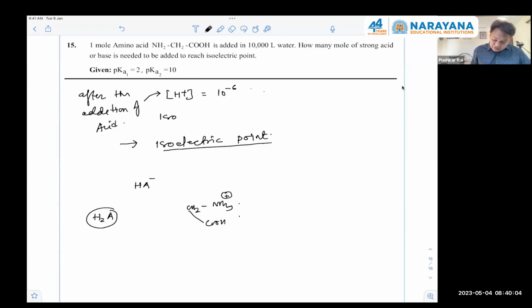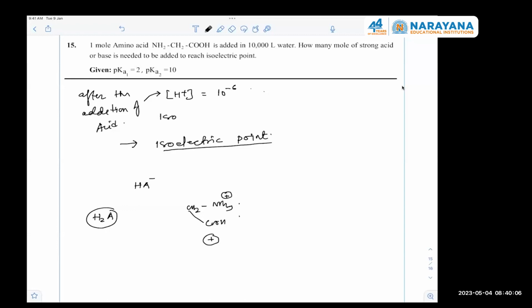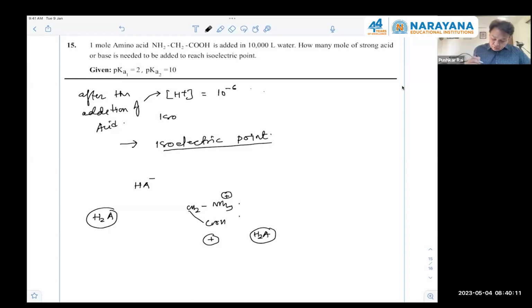Right now, this is a cationic species, but basically we can take it as H2A. Now, if it is going to lose one H plus ion, it will definitely lose it from here. So that will become CH2, NH3 plus and COO negative. So this is going to be HA negative.